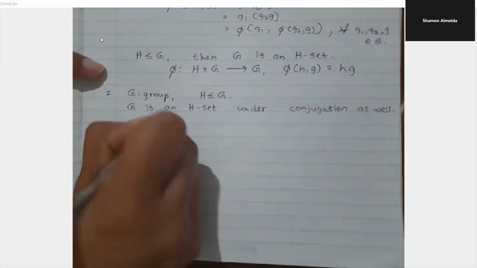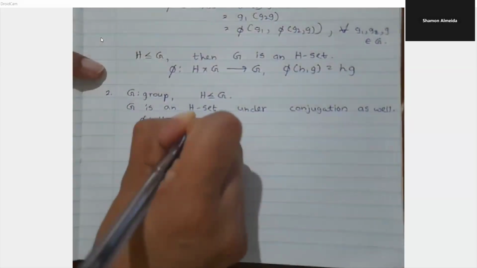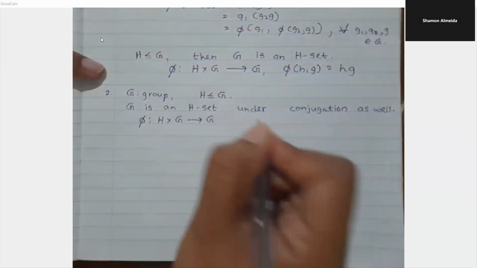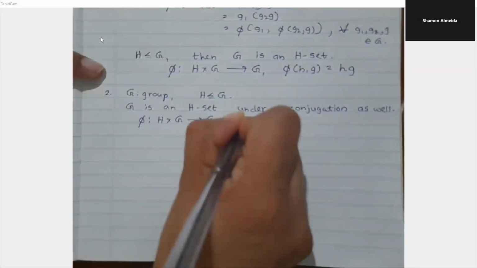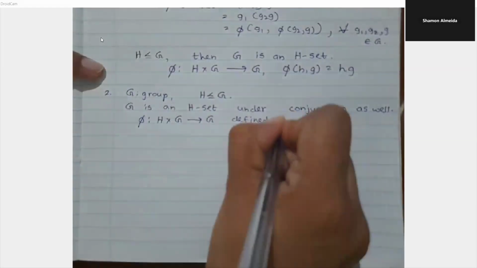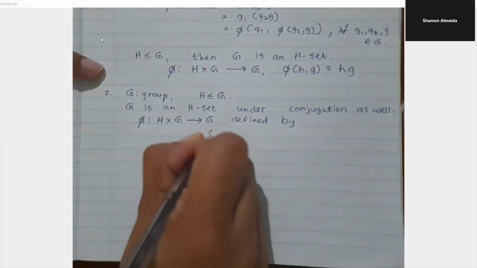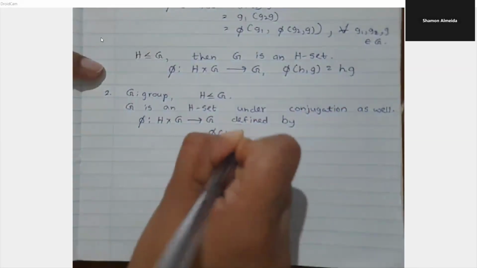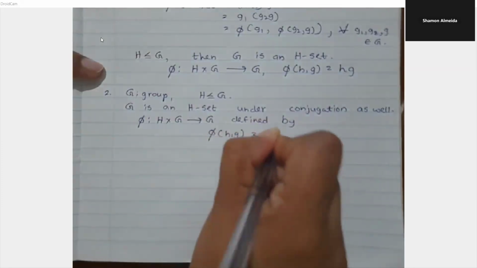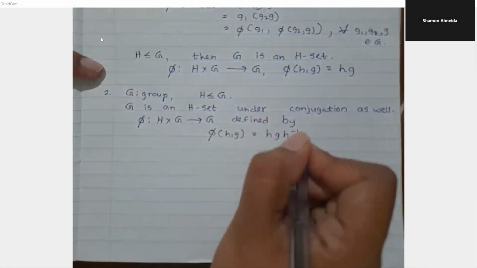What do we mean by conjugation? We've seen this previously, at the very beginning of today's class. So we define phi from H cross G to G by taking phi of (h, g) to equal h g h inverse, for all g in G, for all h in H.